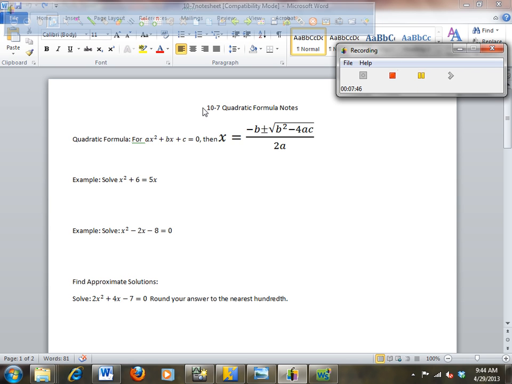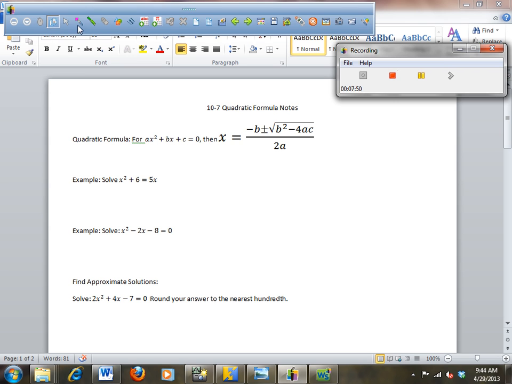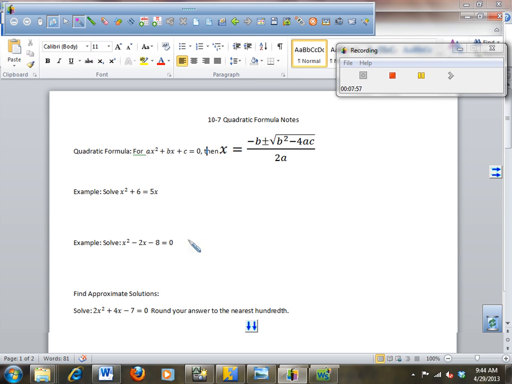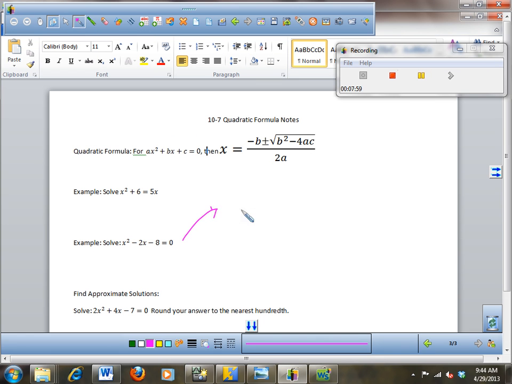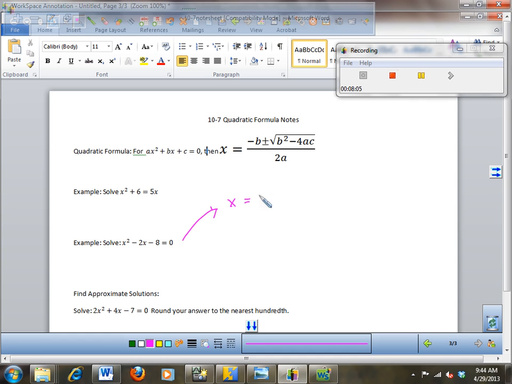Okay. So with this one, I'm going to go through it kind of quick. So plugging in here, I get x equals negative b. So it's negative negative 2, which would be positive 2. Yes?